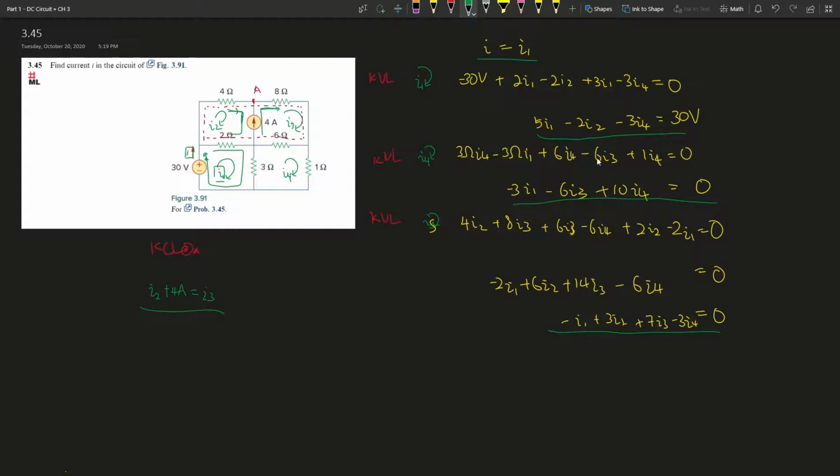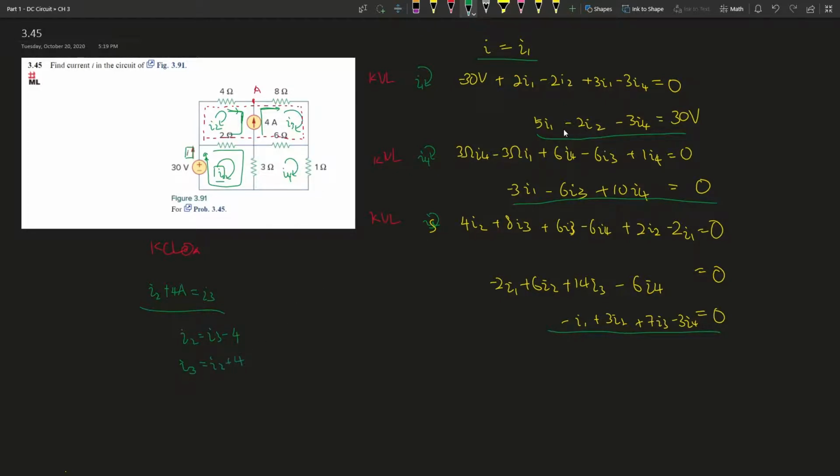Let's see, so I2s and I3s. We can use these equations to simplify the I1s and I4s, and then we'll figure out what I1 and I4 are. Actually, all right, perfect. With this equation, I2 is I3 minus 4, and I3 is I2 plus 4.